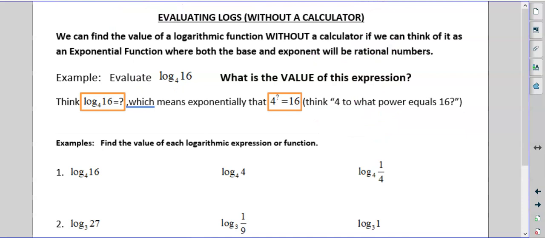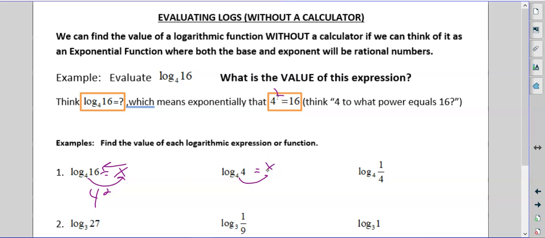All right, we can find the value of logarithms without a calculator, believe it or not, if we can think of it as an exponential function where the base and exponent will be rational numbers. So log 4 of 16, which means exponentially, 4 to what power is 16? 4 squared is 16. 4 to what power equals 4?